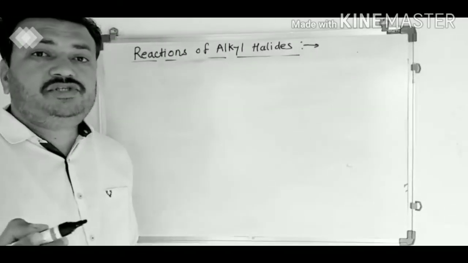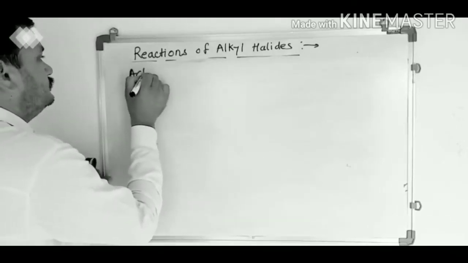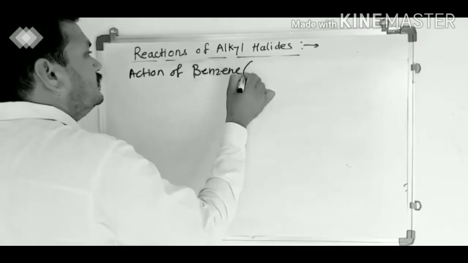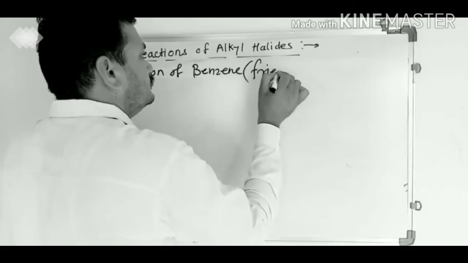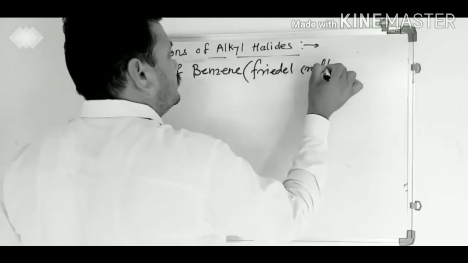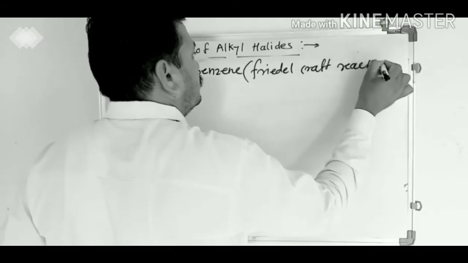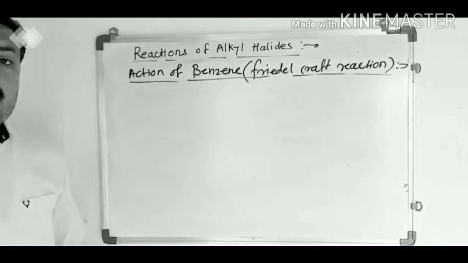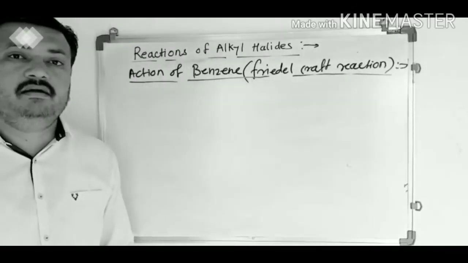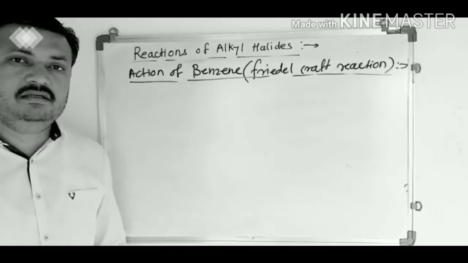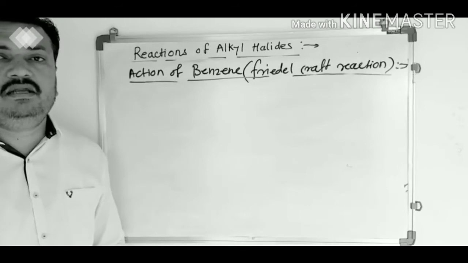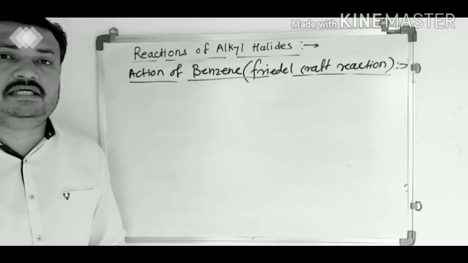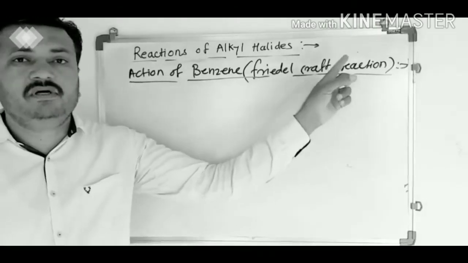Next reaction, it is action of benzene. It is also known as Friedel-Crafts reaction. When benzene reacts with alkyl halide in presence of Lewis acid like FeCl3, AlCl3, AlBr3, BF3, then formation of alkyl benzene takes place, and that reaction is known as Friedel-Crafts reaction.